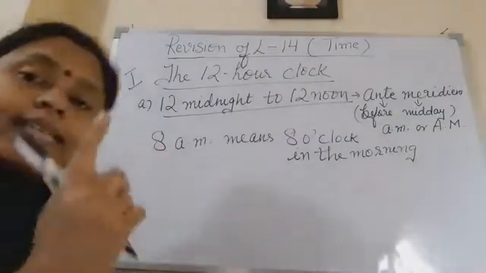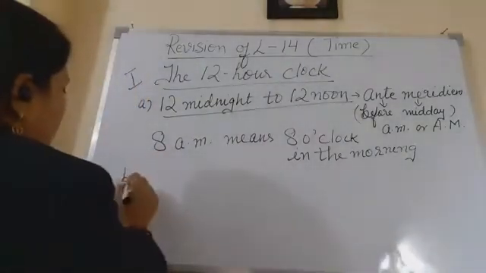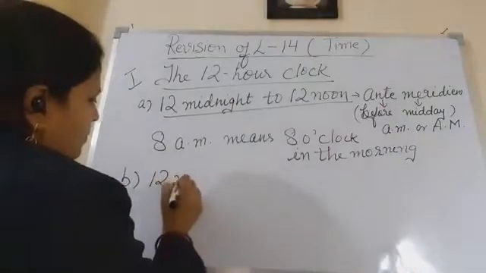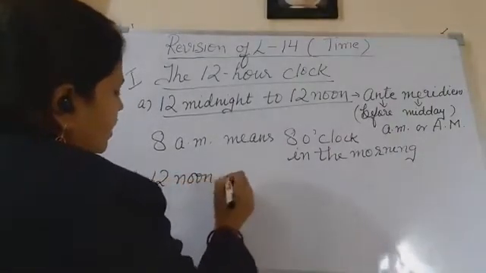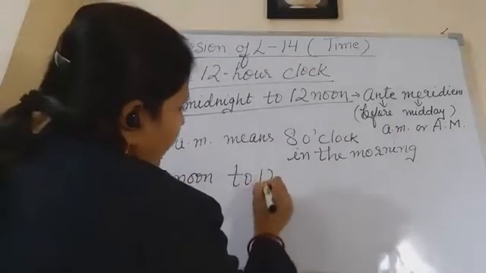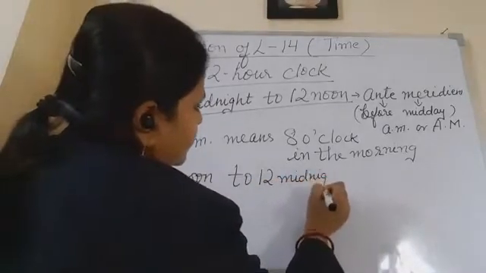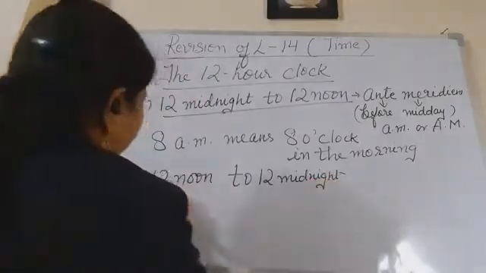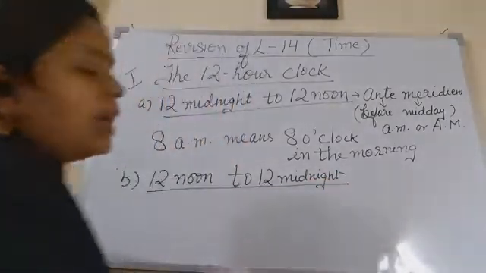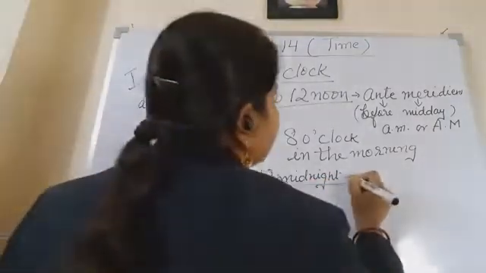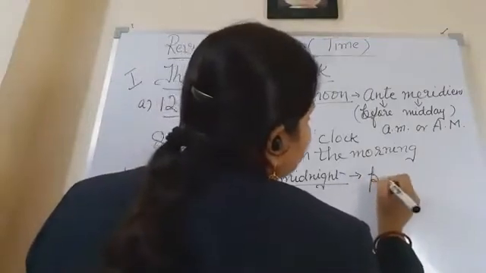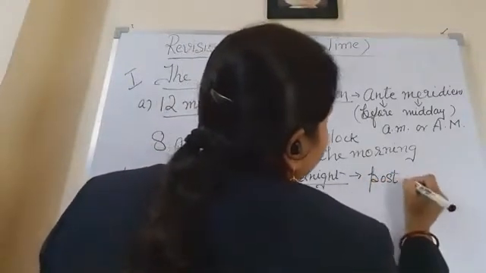Now, the second period begins from 12 noon to 12 midnight. And this is called post meridian.